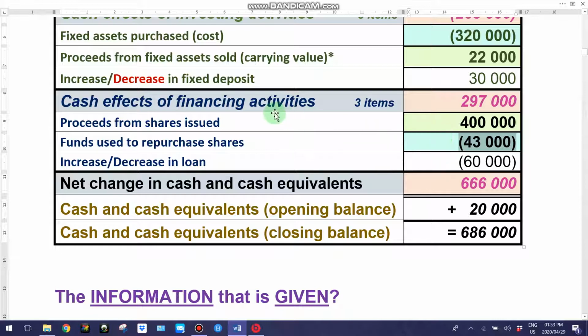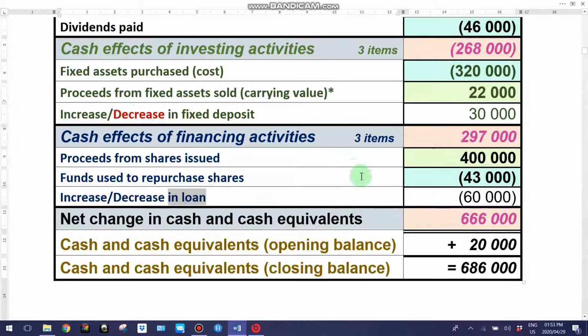The third item under financing activities focuses on the loan. Now, when you're looking at the loan, I want you to go back and think of the same argument that you used with a fixed deposit, because the loan could either increase or decrease. If you increase the loan, you took more money, that would be an inflow of cash.